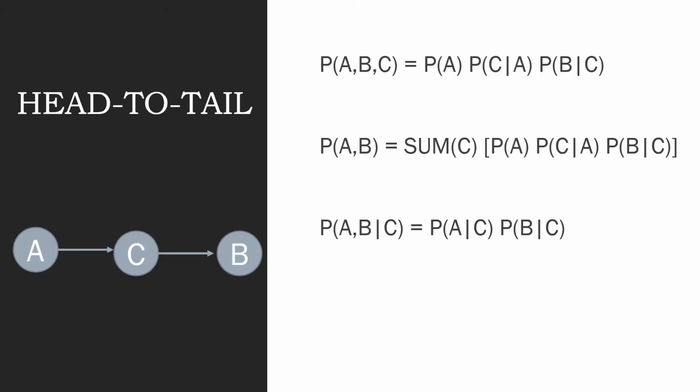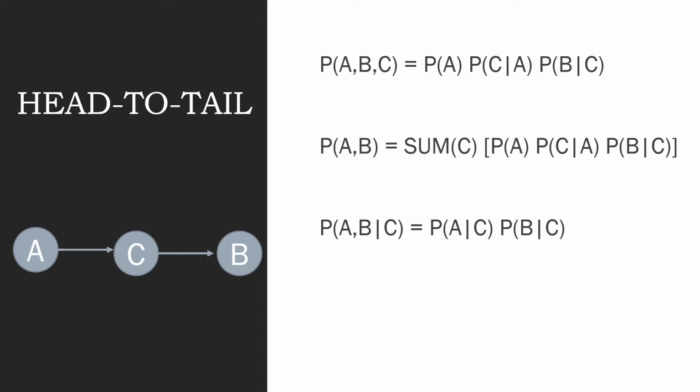For the head-to-tail, here we have the B on the head and the A on the tail. Let's start with the joint probability of A, B, C. It goes straightforward. It's going to be the probability of A multiplied by the probability of C given A multiplied with the probability of B given C. For the probability of A and B, or head-to-tail, it is a summation of P(A), P(C given A), and P(B given C).